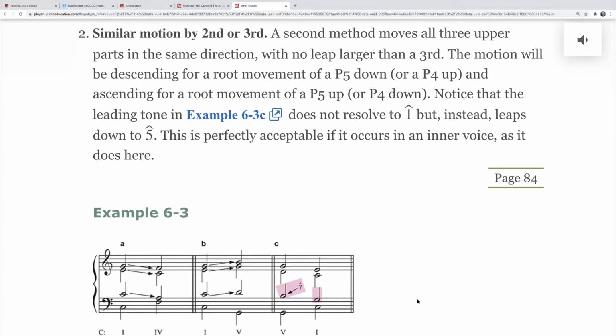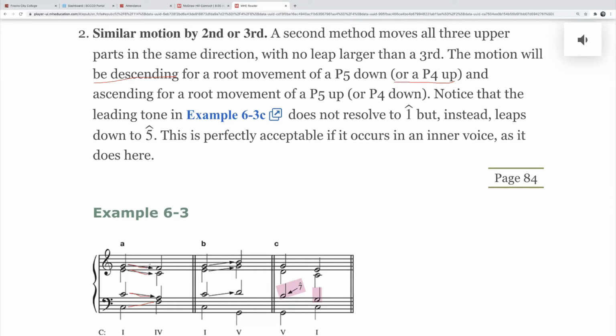So example 6.3, we have the bass moving a perfect fourth up. So when we have a perfect fourth up, the motion will be descending, and that's what happens. Everything moves down either a step or a skip to the next chord's tones.